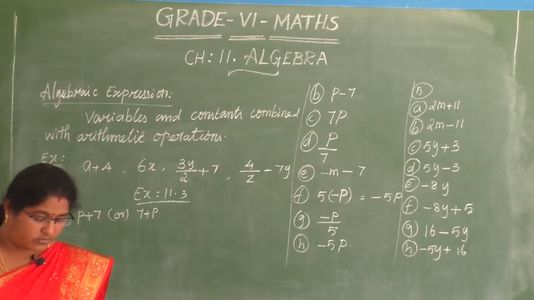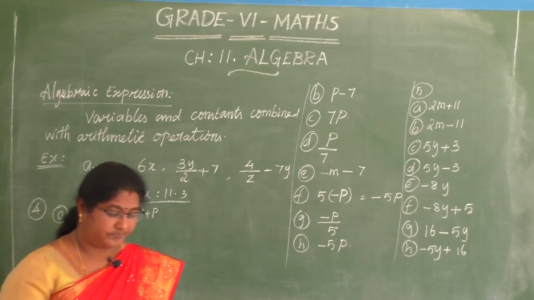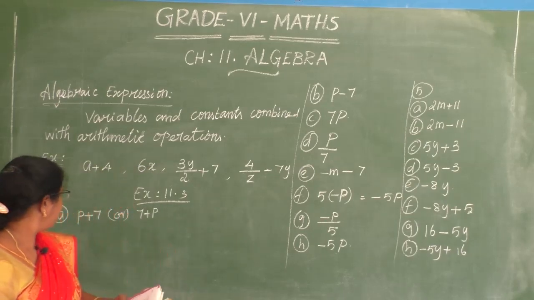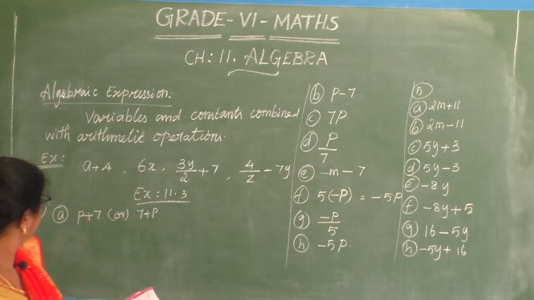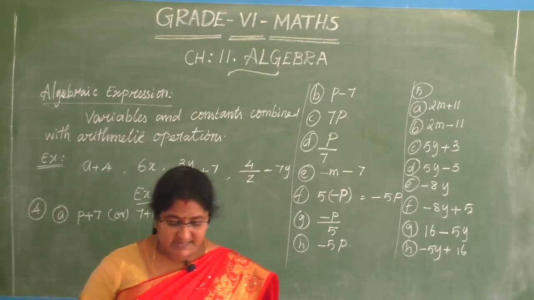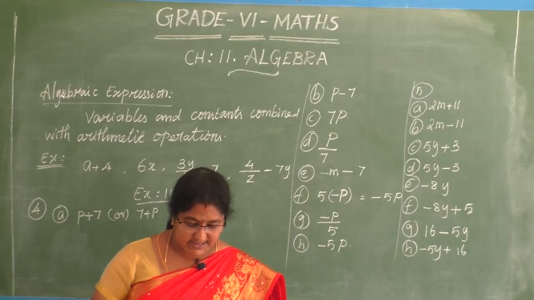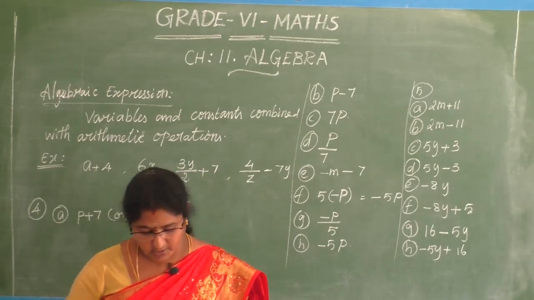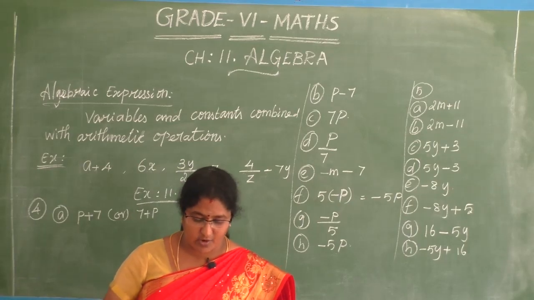Okay, likewise we are going to see the 6th question. In the 6th we have to frame, that means form expressions using t and 4. Use not more than one number operation. Every expression must have t in it.